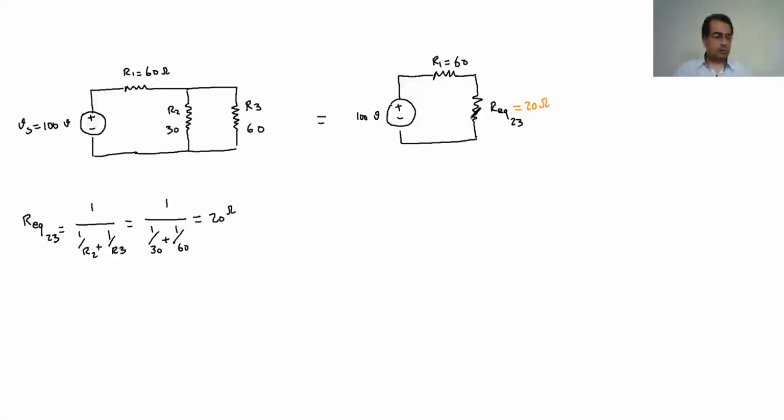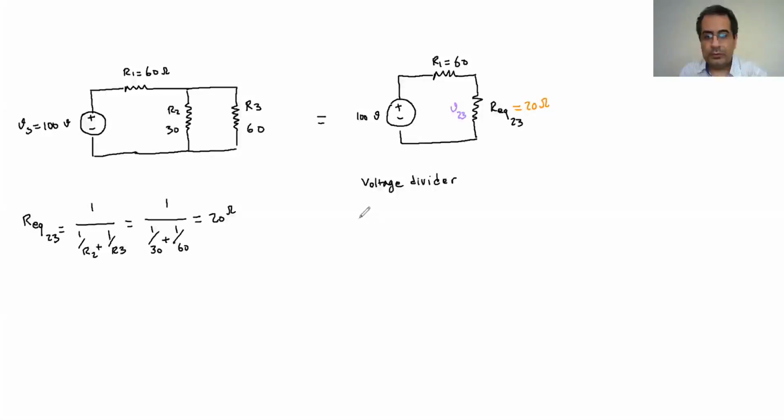Because there are two resistances, I can use the voltage divider to find the V here, for example, Vx. If I call it V23, the V across this one, I can directly write it down here using the voltage divider.